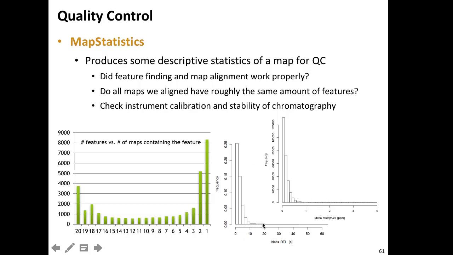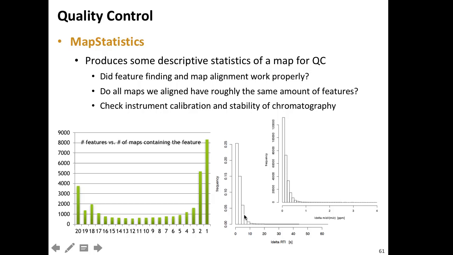This here is a distribution of the delta RTs. So by how much are these different features away from the center? What would you expect here? Well, you see for most of these maps, this is below 10 seconds. So for a regular, long enough gradient, that is still fine.